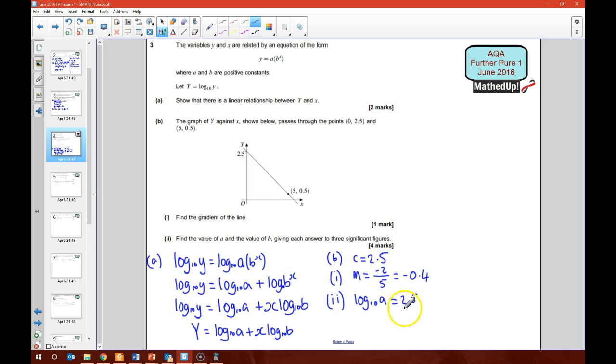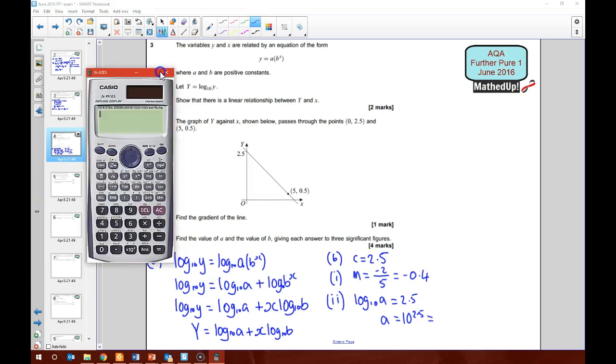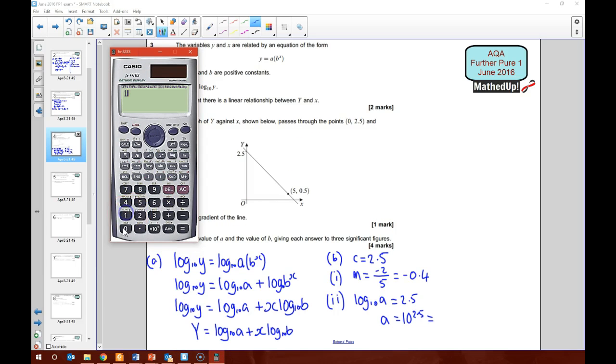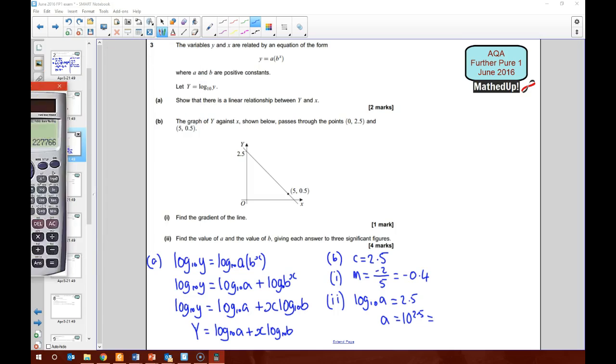So to work out what a is now, I need to do 10 to the power of 2.5. So I'm anti-logging this, if you like to call it that. And 10 to the power of 2.5 is going to be, to three significant figures, 316.